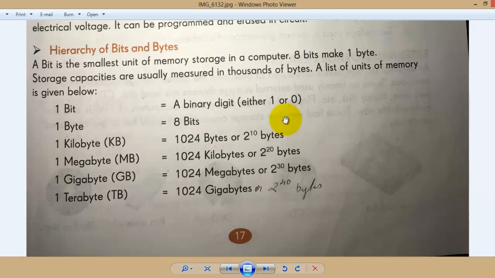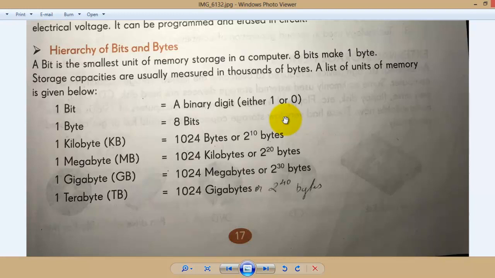Here is a list of units of memory. 1 bit is equal to a binary digit, that is 0 or 1. It may be 0 or it may be 1. 1 byte is equal to 8 bits.